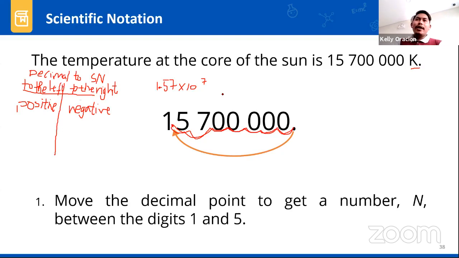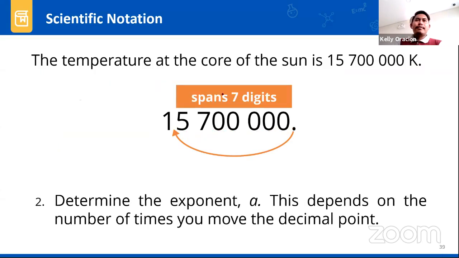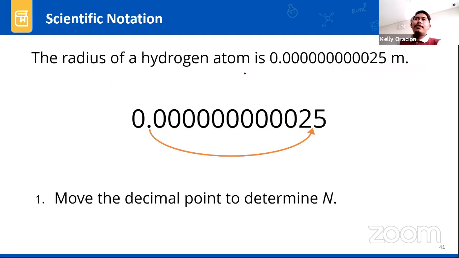For another example, if we move our decimal point to the right, let's count 1, 2, 3, 4, 5, 6, 7, 8, 9, 10, 11.